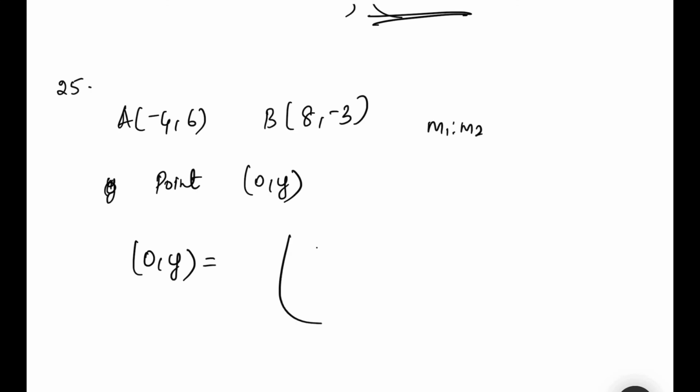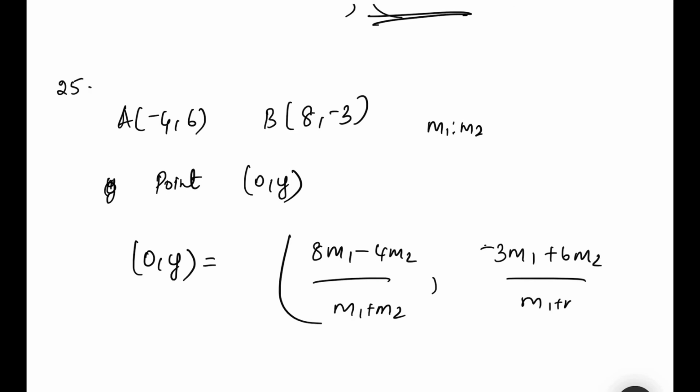So (8m1 - 4m2) by (m1 + m2), and you have (-3m1 + 6m2) by (m1 + m2).